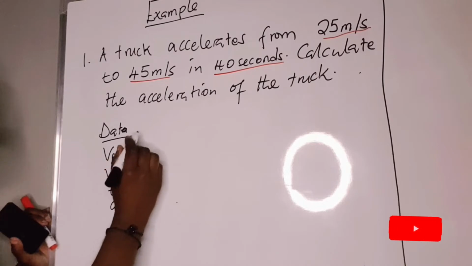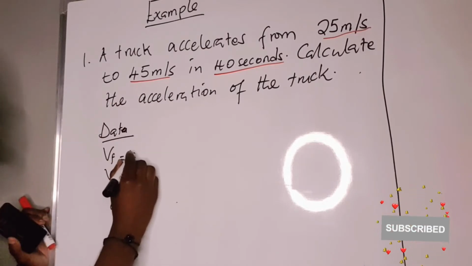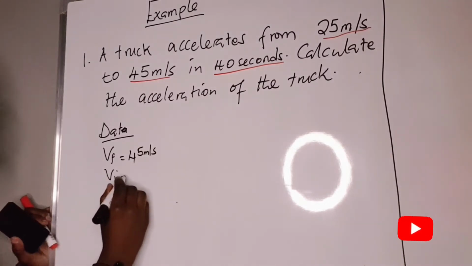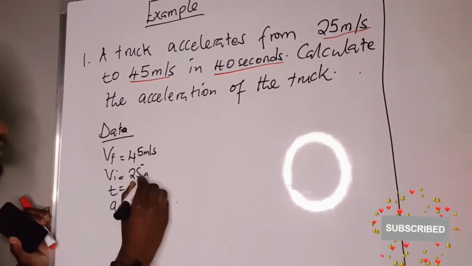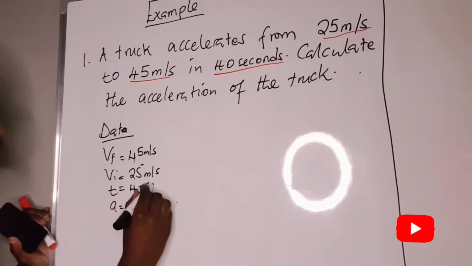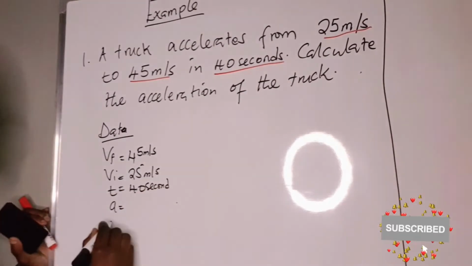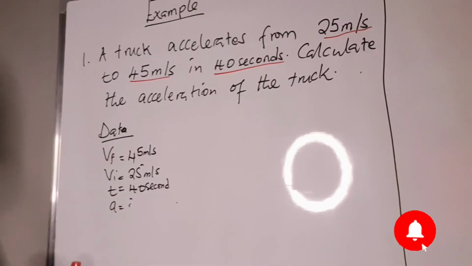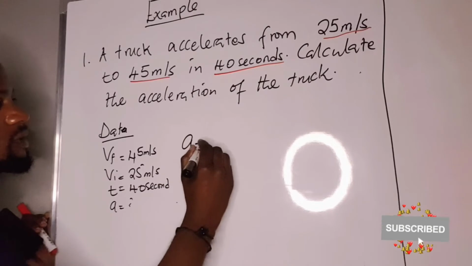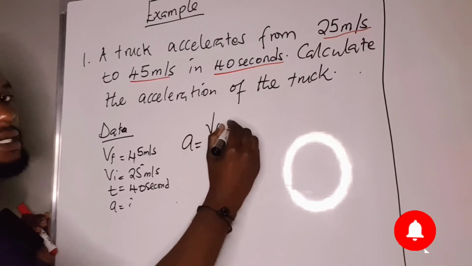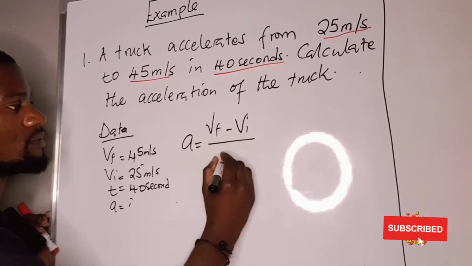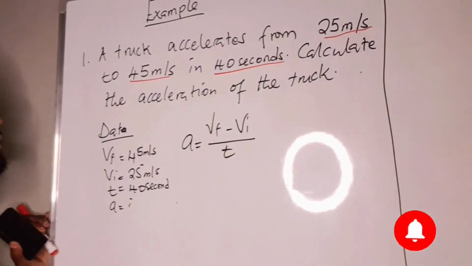So our final velocity is 45 meters per second, initial 25 meters per second, time taken 40 seconds, and acceleration there. So acceleration is equal to final velocity minus initial velocity divided by time.